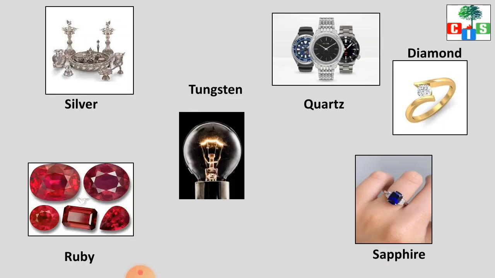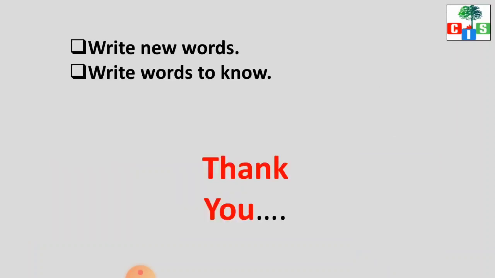So if we see, right from our floor to the roof, rocks and minerals are being used in our day-to-day life, or we can say rocks and minerals are part of our day-to-day life. So scholars, I hope you have understood about this, and you are going to write the new words and the words to know in your notebook.